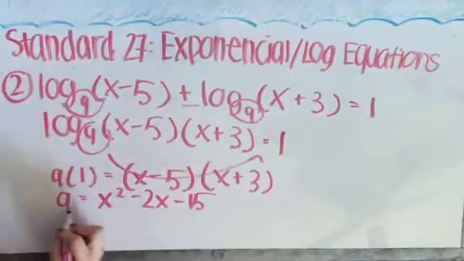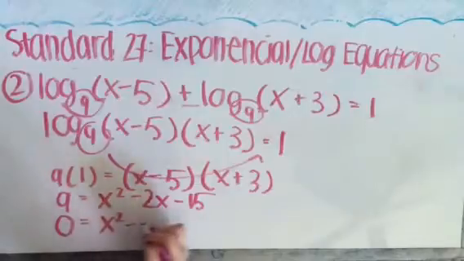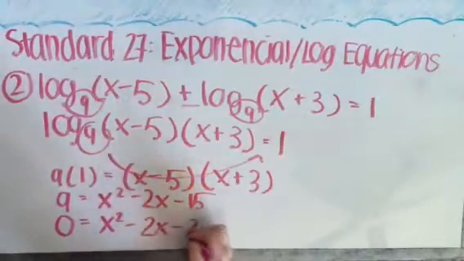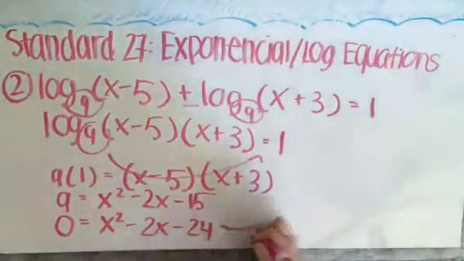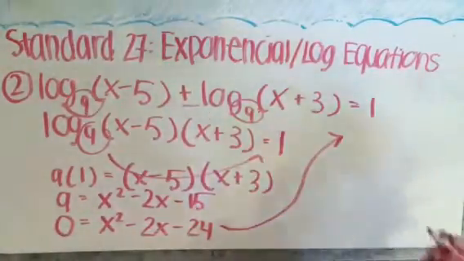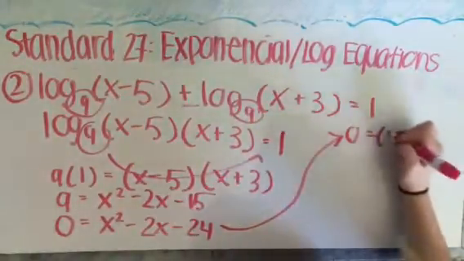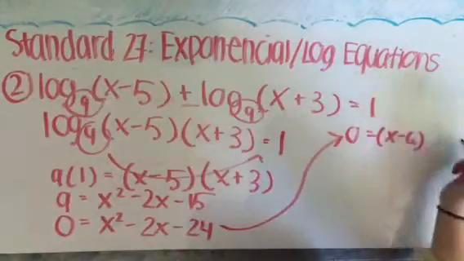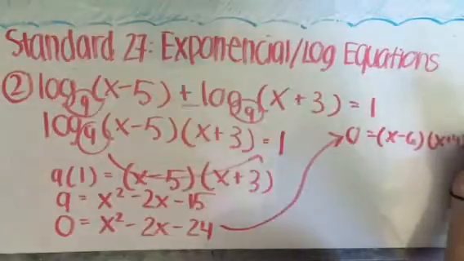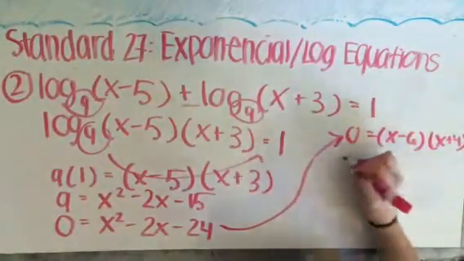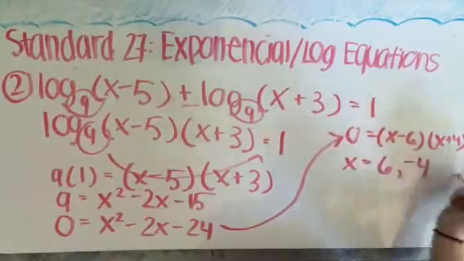Then once you subtract this 9 to make it 0 so you can factor, you're going to have x squared minus 2x minus 24. After factoring, I found the product and sum, and I got 0 equals x minus 6, x plus 4. And then you get x equals 6 or negative 4.